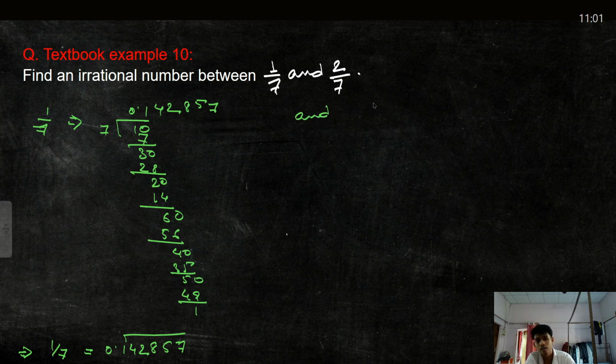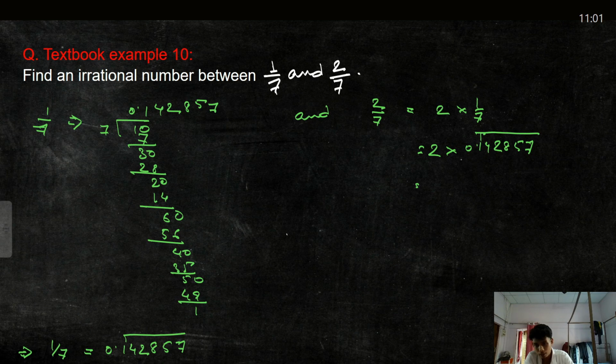And 2 by 7 is equal to, now instead of solving it with long division, we can use a shortcut. Now 2 by 7, we can write as 2 into 1 by 7. Now the value of 1 by 7 is 0.142857 bar.